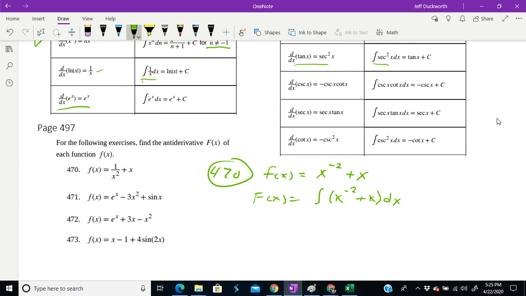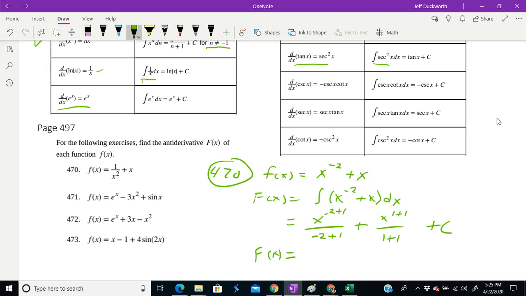So this is just two different power rule values. So this is going to equal x to the -2 plus 1 all over -2 plus 1, and this is x to the 1 plus 1 all over 1 plus 1, and then plus c. So our f of x, when it's cleaned up, this is x to the -1, which is 1 over x.